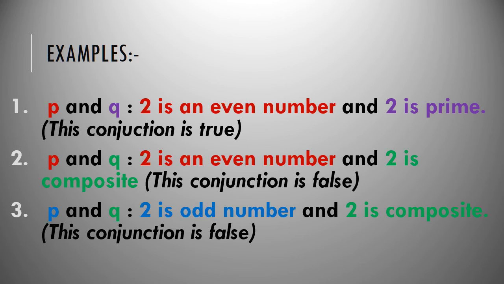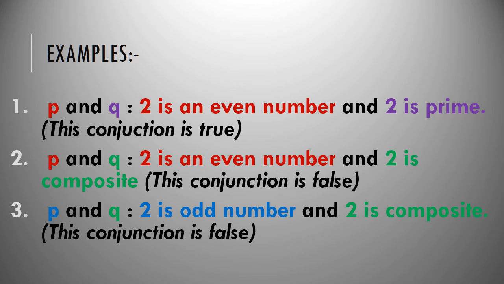So I hope you got it, the note that I had written in the previous slide regarding the conjunction operator, in which in the truth table we also observed that true and true give rise to a true statement, one false and one true statement give rise to a false statement, and two false statements also give rise to a false statement.